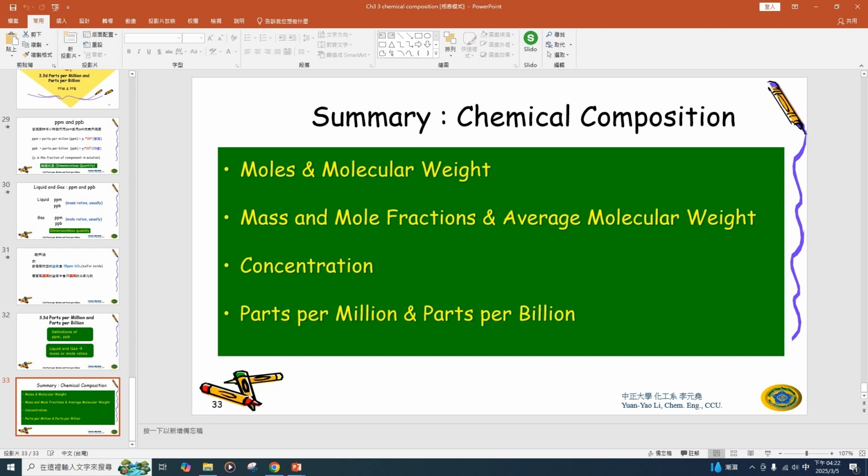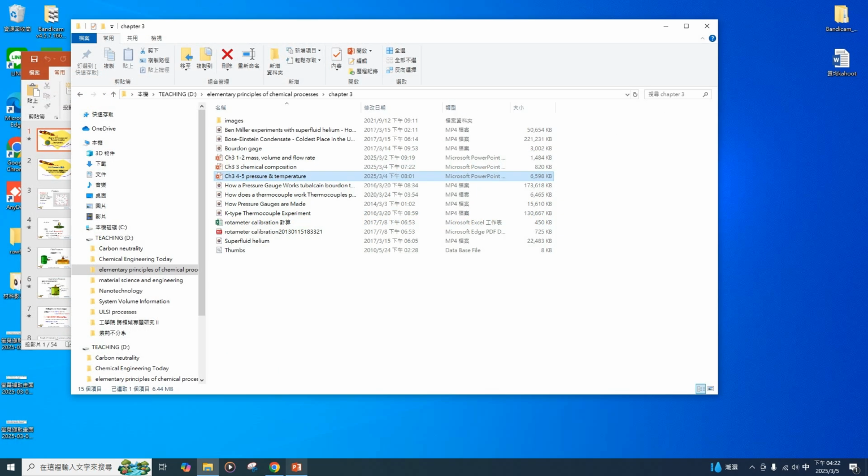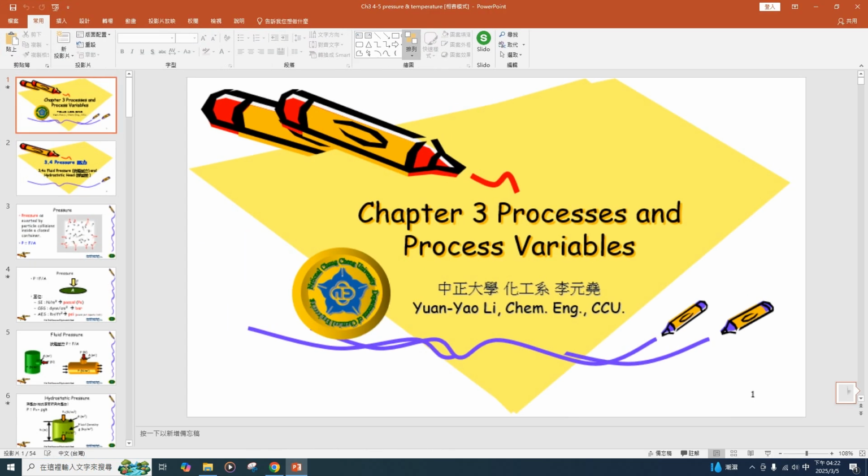If you talk about liquid, normally you use weight to represent ppm or ppb. ppm is parts per million for short, and ppb is parts per billion for short. Okay, that's all you learned on Monday.